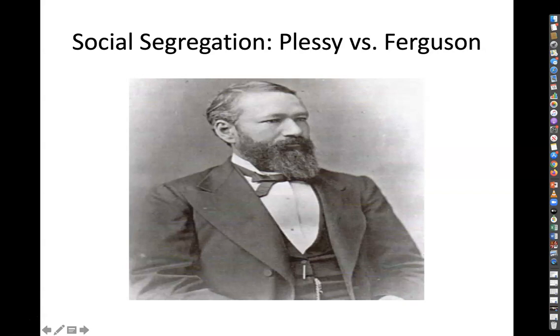Now, this brings up an important legal indication of how to classify one's racial status back then in some states in the South, and that's called the one drop rule.